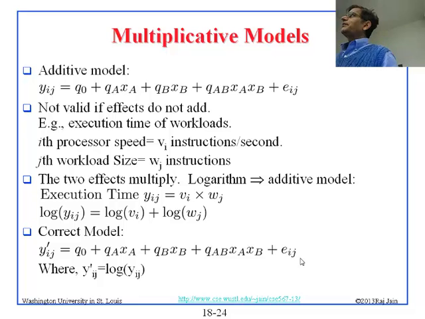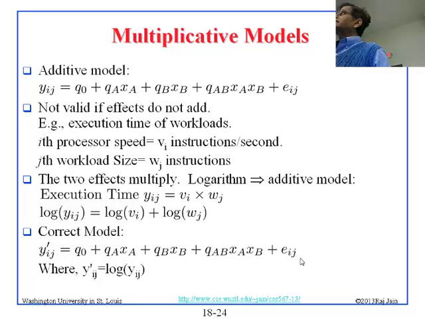Not a big deal, but basically this would be Wj divided by Vi. It's still multiplicative if you really want to call it, it's multiplying. So you take a log of it and it becomes additive. And so that would be the model.